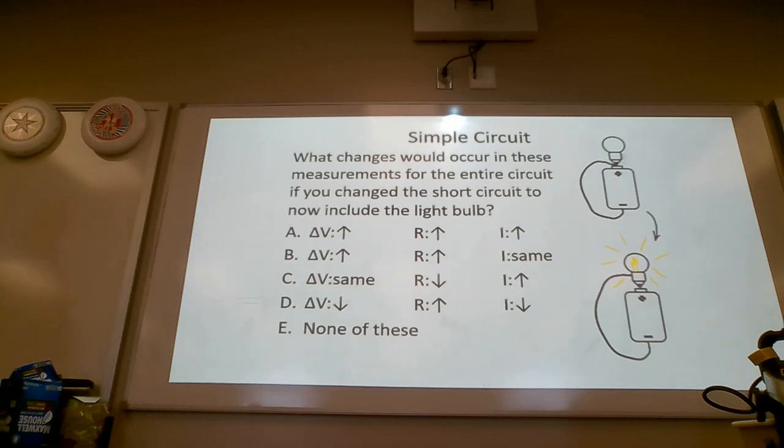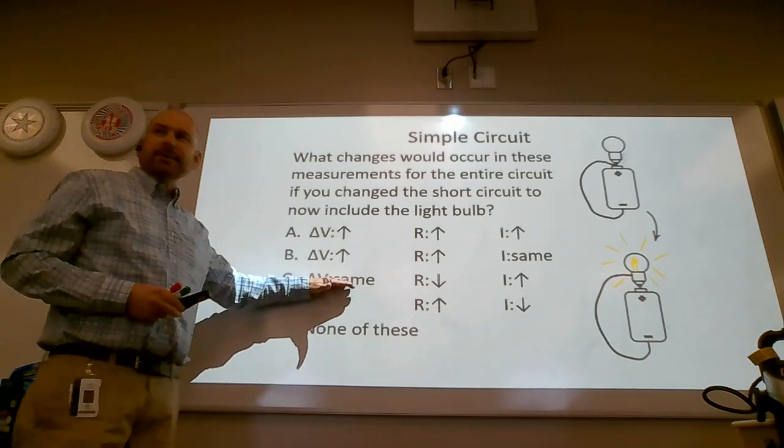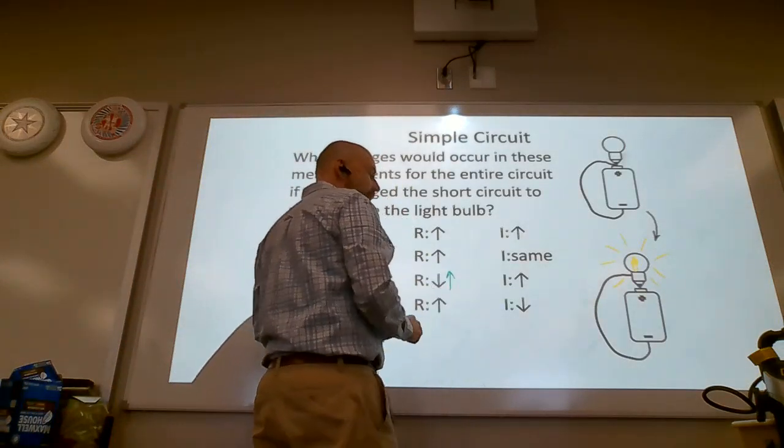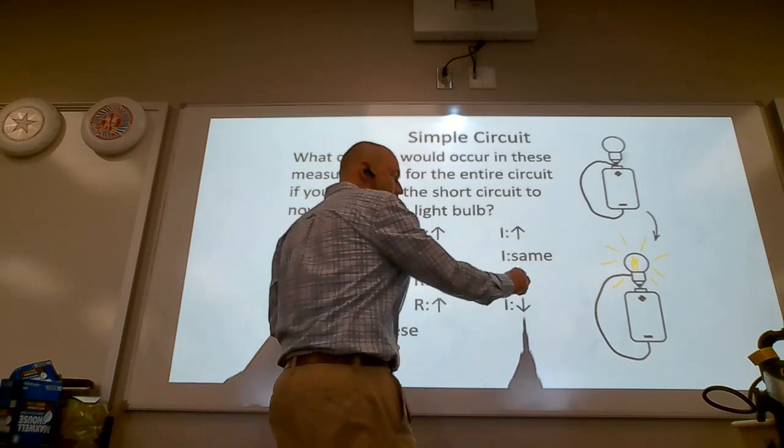Tell your neighbor. Correct answer is voltage stays the same. It's still the same battery. Including the light bulb, our resistance goes up. Therefore, our current goes down.